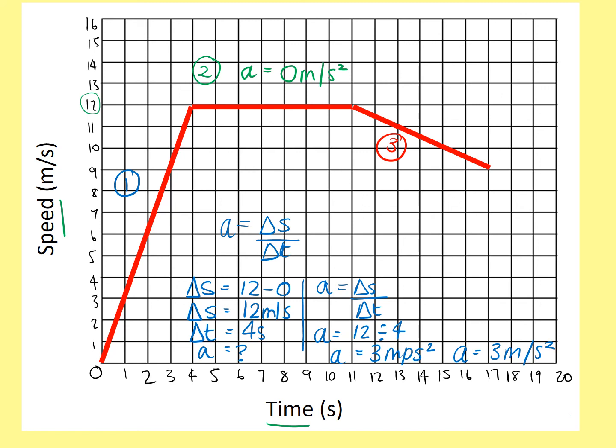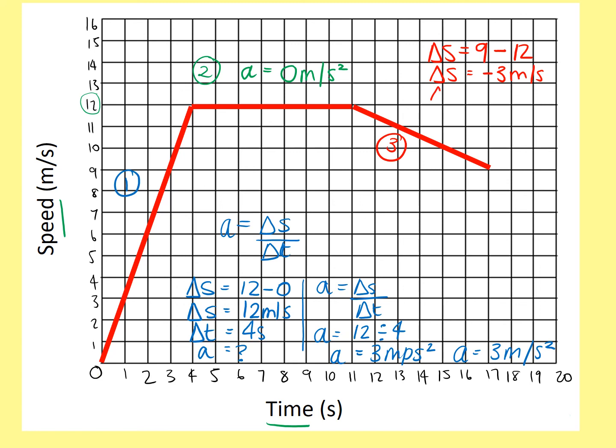So the change in speed: the final speed is 9 meters per second and the initial speed is 12 meters per second. So 9 take away 12 gives me a negative number, minus 3 meters per second. It's changed from 12 meters per second to 9 meters per second, and this minus shows that it's slowing down.